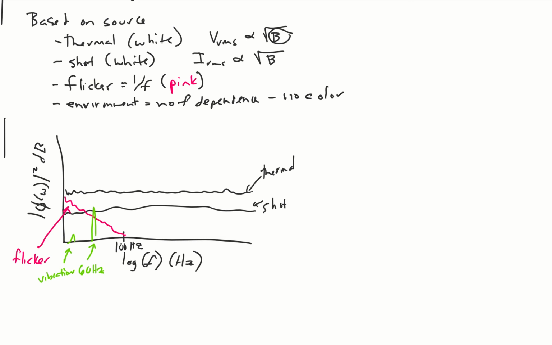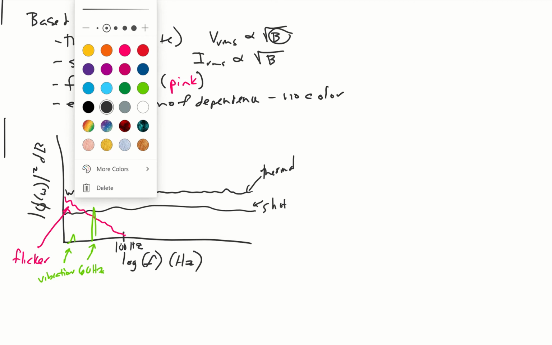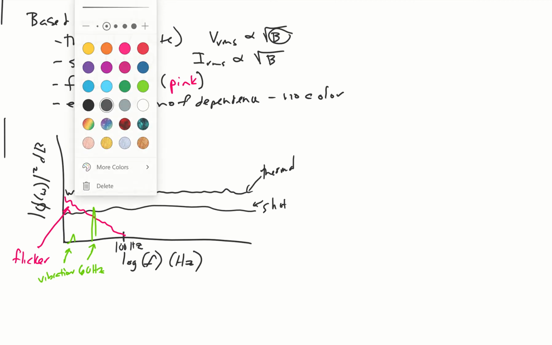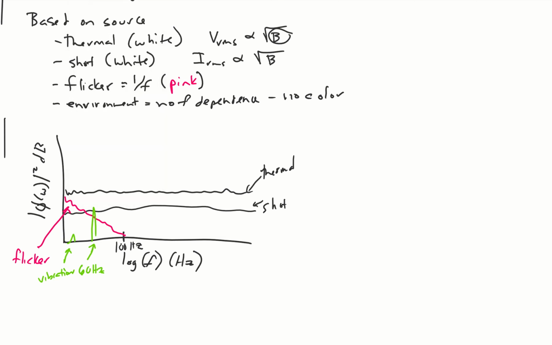Then at higher frequencies, up in the kilohertz and megahertz range, we have AM frequencies in the kilohertz and some random spikes in the megahertz.